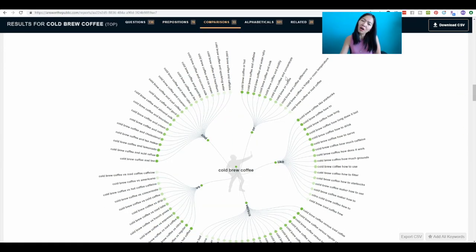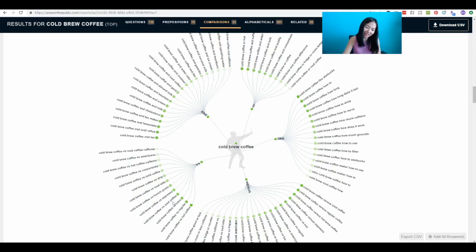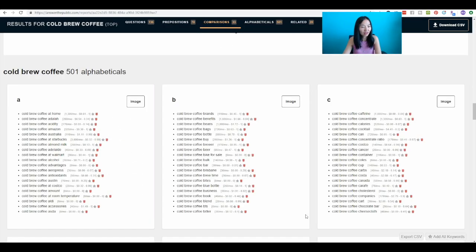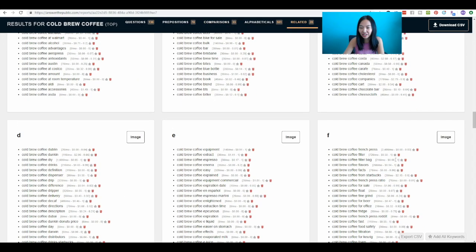Comparisons. Cold brew coffee and concentrate. Cold brew coffee, how to serve. Cold brew coffee versus hot coffee, caffeine. Cold brew coffee versus iced latte. And basically cold brew coffee versus all the different types of coffees that you could think of. All right, yeah. So alphabeticals are keywords basically that you can check out.